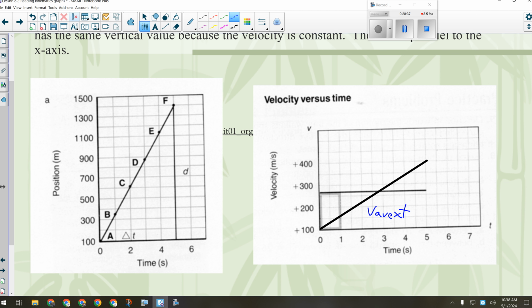The average velocity was 260 meters per second, and the time was 5 seconds. Now, it was fairly easy because the velocity was constant. We knew what v was. How do I get the average velocity for an angled line where the velocity is changing?